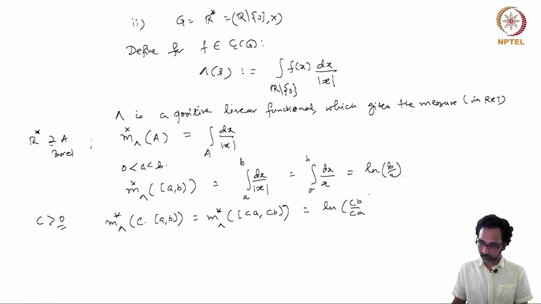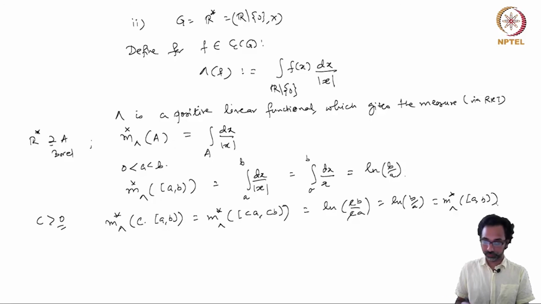You can also take it to be strictly negative, but then you will have ln(cb over ca). So this is again ln(b over a), which is m^×(a,b). So with respect to the multiplication group operation, this is invariant. So this is a Haar measure on the group of multiplicative non-zero reals.